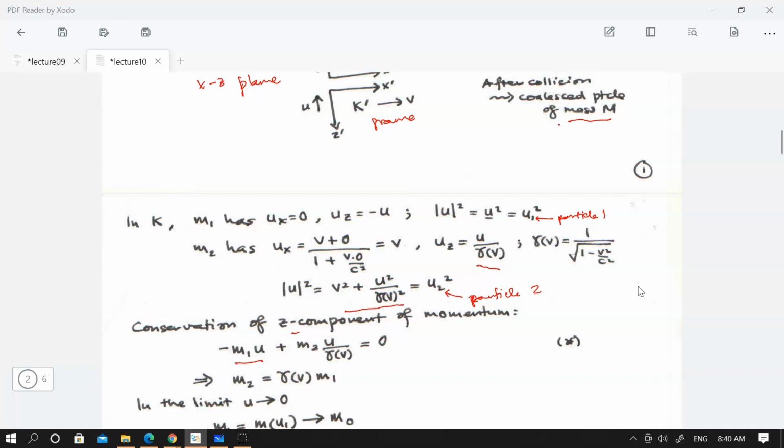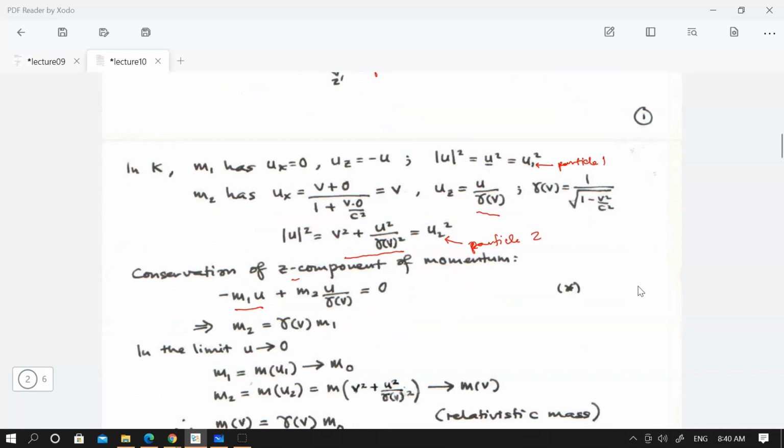Then you can rearrange this by the conservation law, and express m2 in terms of m1 and the relativistic factor according to the relative velocity of the frame.